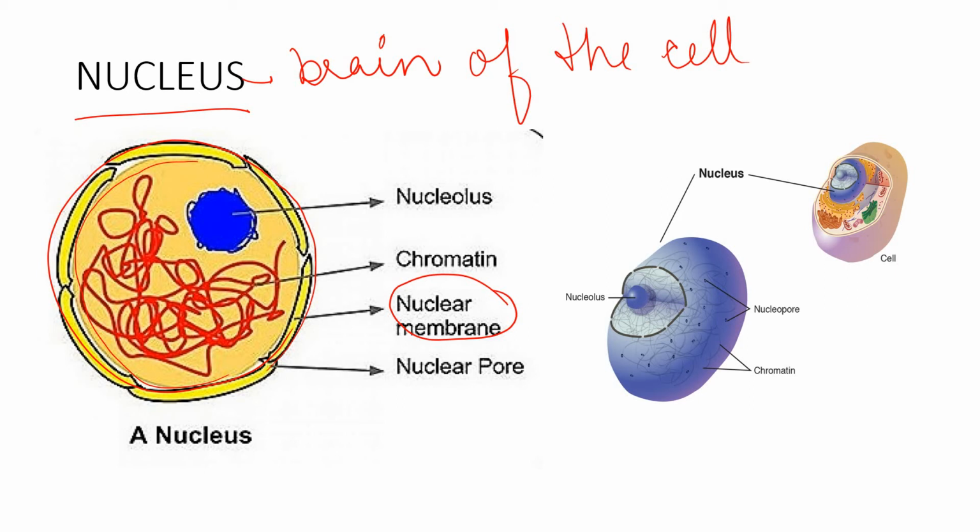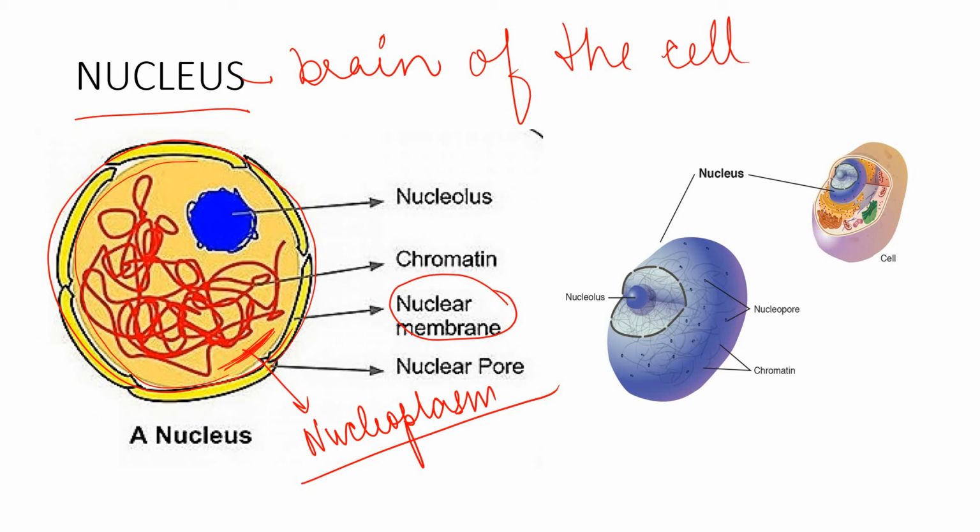Okay, so a semi-solid substance called nucleoplasm is present inside the nucleus. So this yellow liquid that you can see, this fluid-like structure, is the nucleoplasm. It is present inside the nucleus.